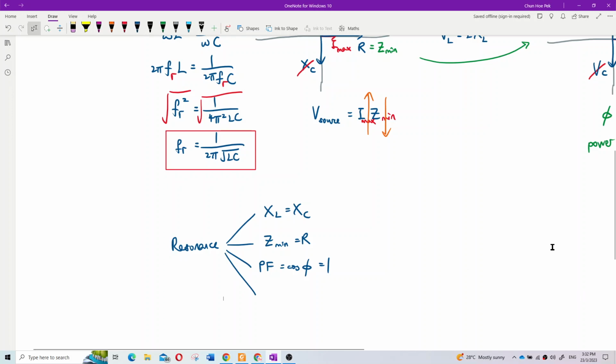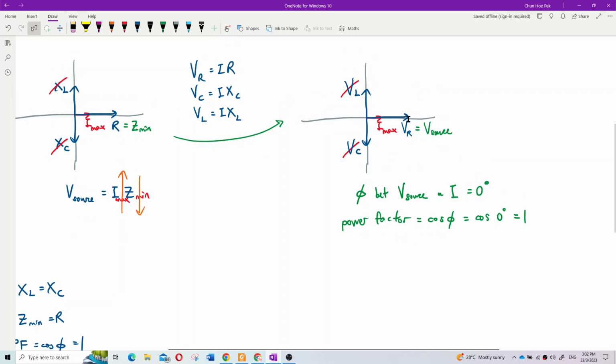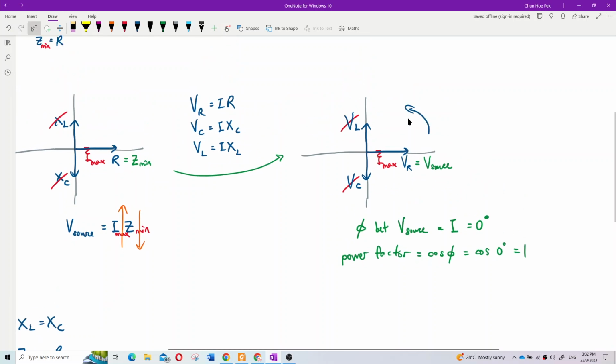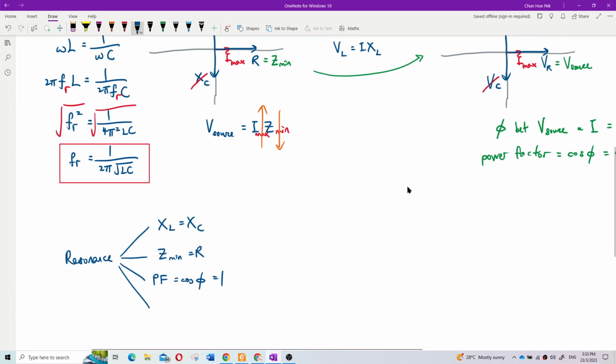In fact, I can say one more thing. When phi equal to 0, that means if you look at this diagram, the V source is in phase with current. So no one is the boss. That means they travel together. Current and V source travel together, they are in phase. So the phi is 0 degree.